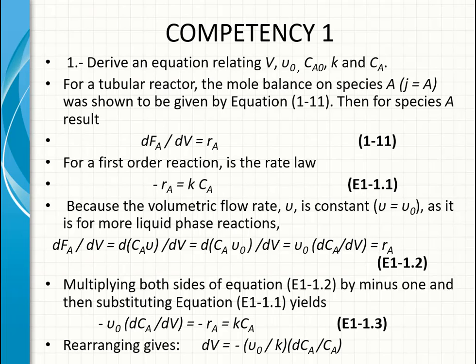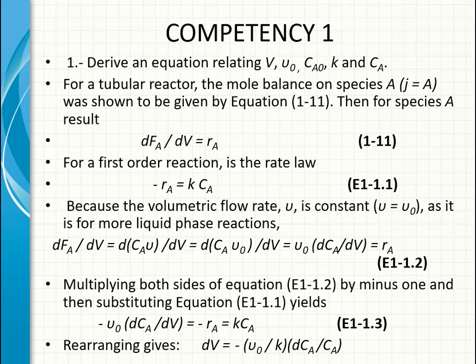If we multiply both sides of this last equation by minus 1, and then we substitute the first equation at the top, we will have that minus V0 times dCA divided by dV is equal to minus Ra, which is the rate.